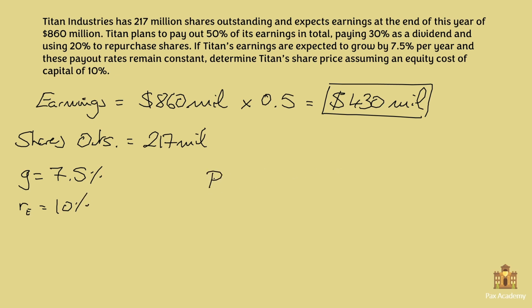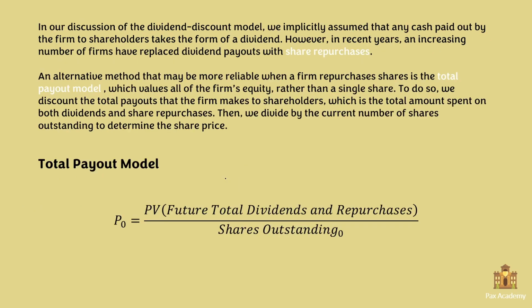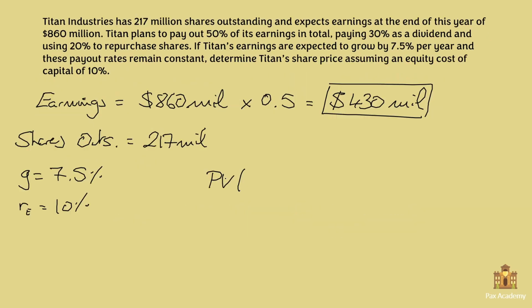So now the present value of future total dividends and repurchases, which I'll write down as F. This is the 430, which is our dividends plus the repurchases. In order to calculate the present value, because the earnings are expected to grow by 7.5% per year and the payout rates remain constant, so basically forever, we need to use the perpetuity formula, where we take the equity cost of capital, RE, minus the growth rate.